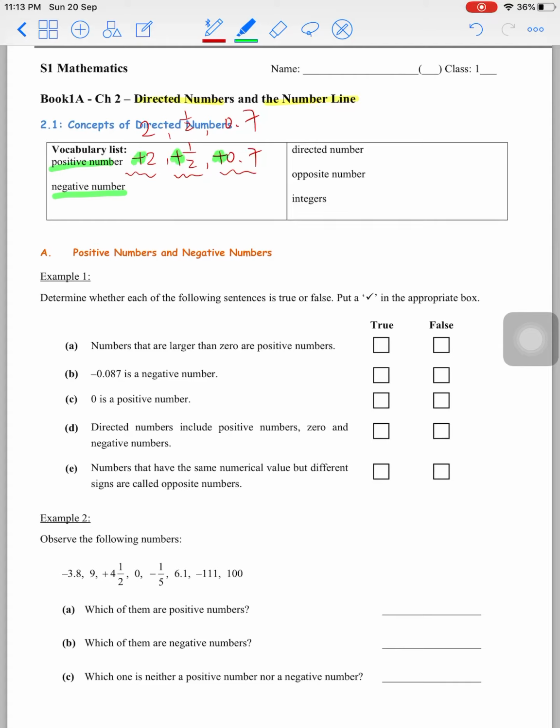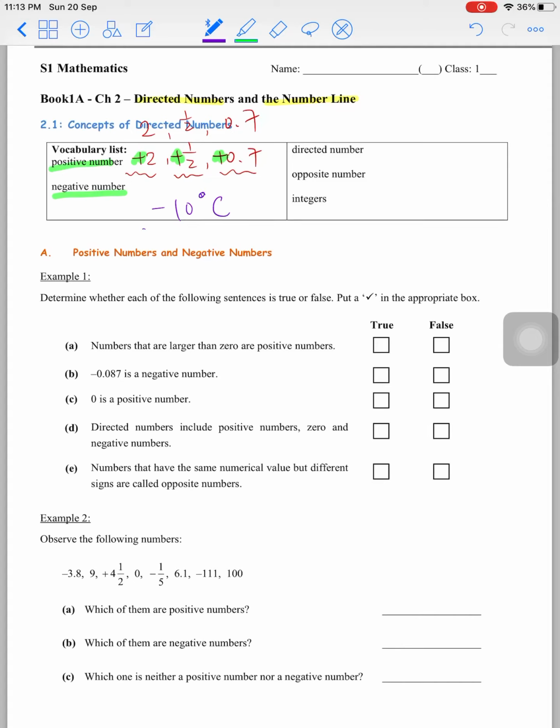Then what are negative numbers? You have seen negative numbers before. For example, the temperature in Beijing in winter may be negative 10 degrees Celsius.